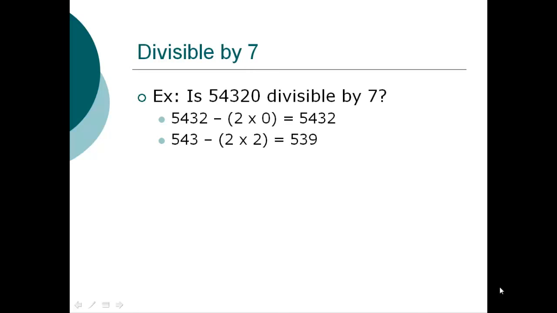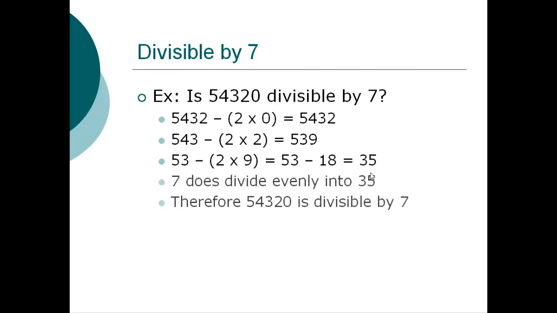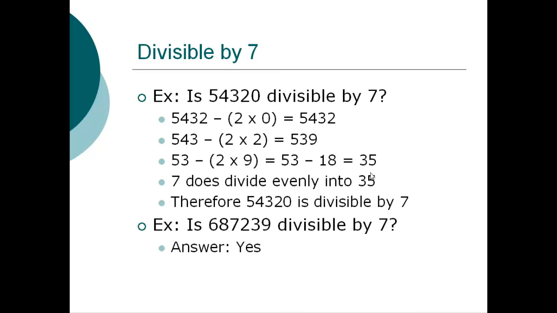So we take away the 2, the last digit, and do 543 minus 2 times 2, which is 539, and we repeat this process until we get to the number 35. And now clearly 35 is divisible by 7. So therefore this entire big number here is also divisible by 7. And here is an example that you can try by yourself.